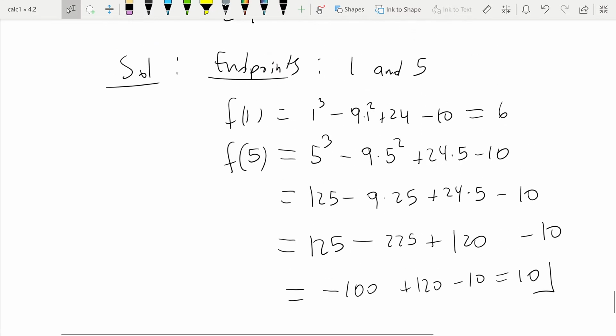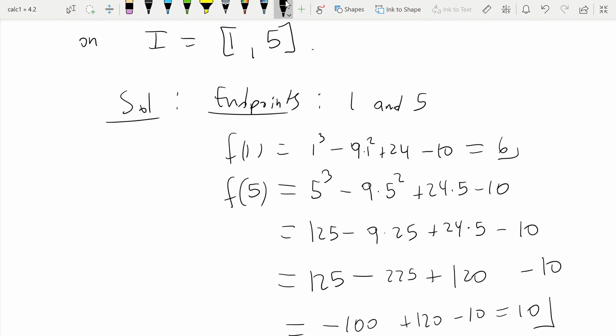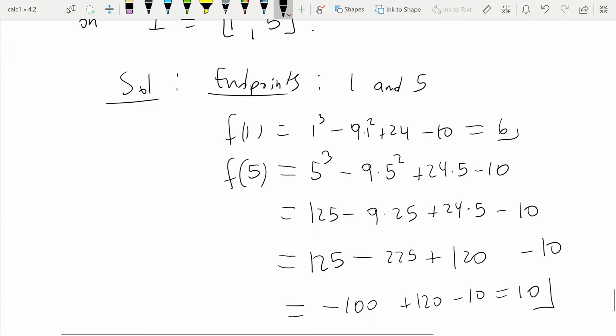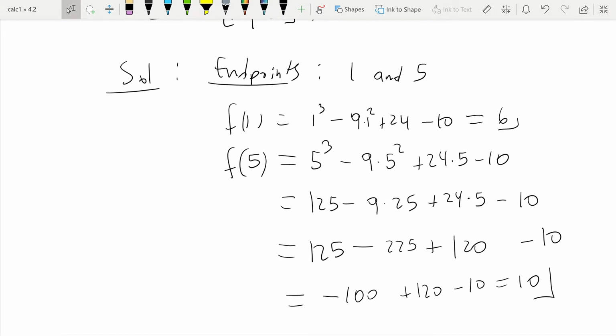You can correct me if I'm wrong, but these are the values that I obtained for f of 5 and f of 1: 10 and 6.